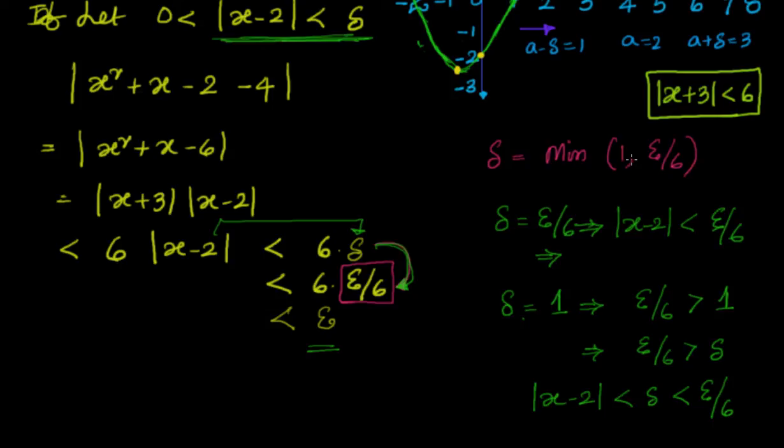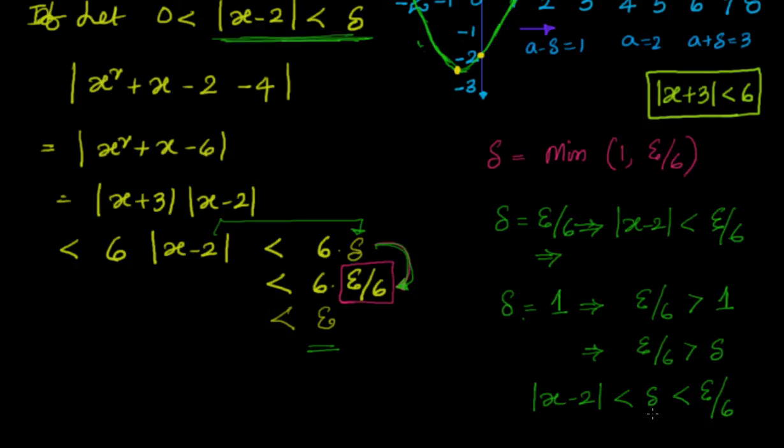So delta can have two scenarios. One scenario: delta is equal to 1. If delta equals 1, what is the meaning of that? The minimum of 1 comma epsilon by 6 is 1. That means epsilon by 6 is greater than 1. So epsilon by 6 is greater than delta, or delta is less than epsilon by 6.